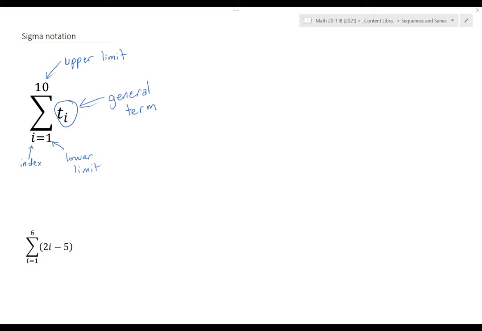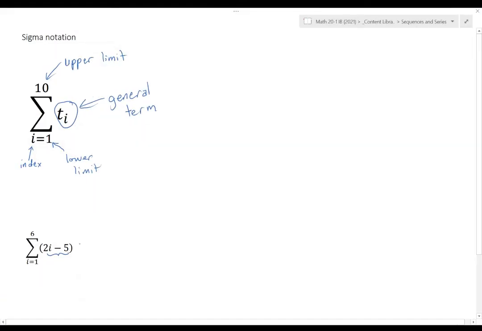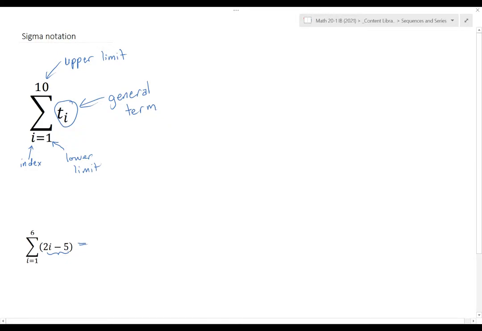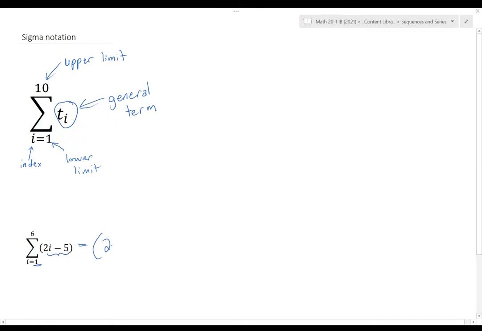So let's look at a specific example. This one's going to be arithmetic because I have 2i minus 5, which is linear. To write this out in expansion, essentially what we do is we start with that formula and we start with the lower limit, and we replace i with that first number.